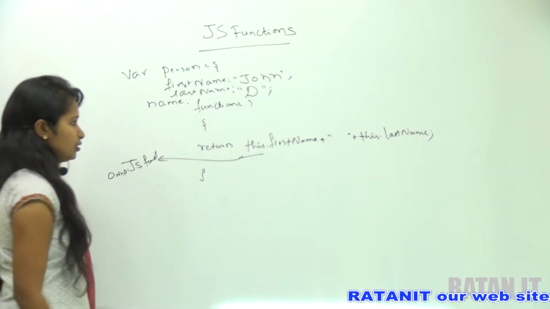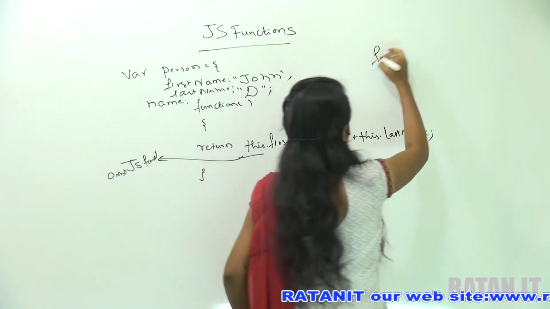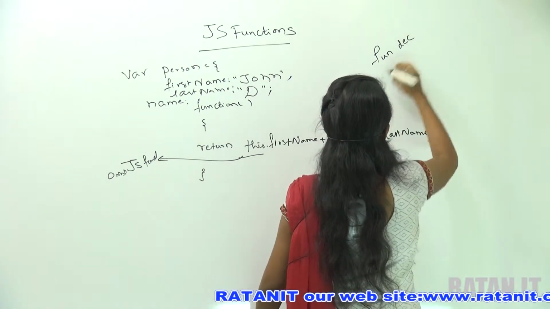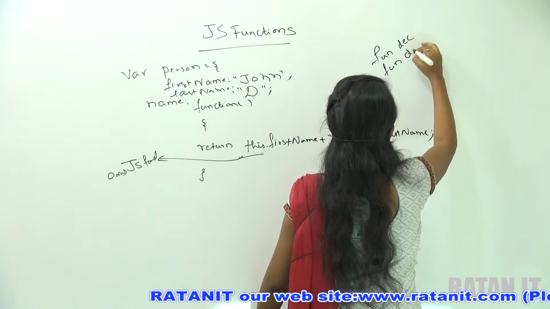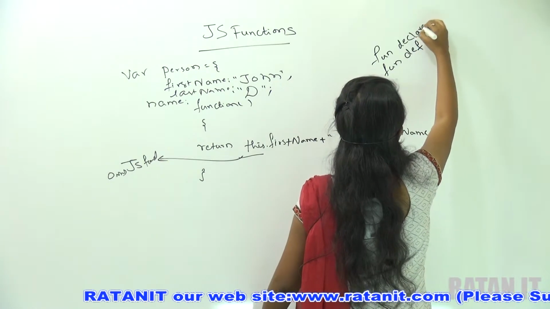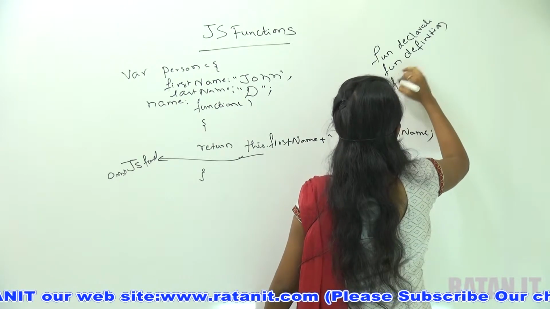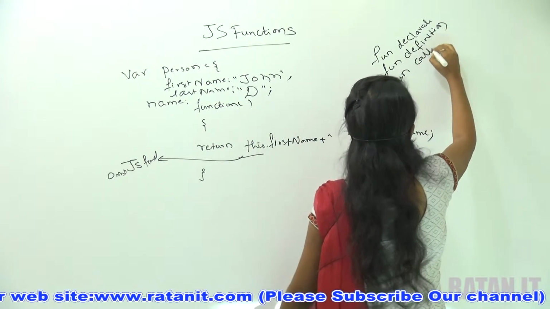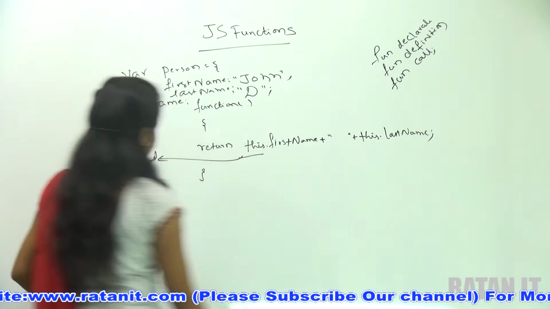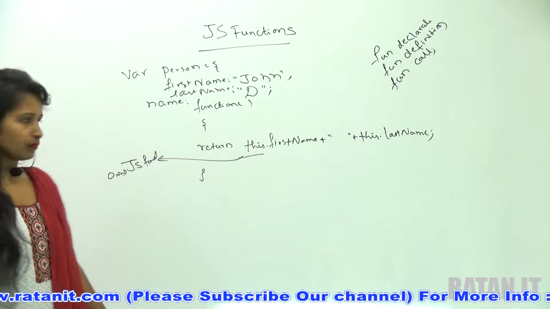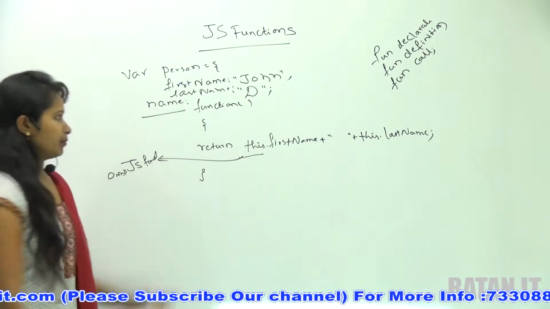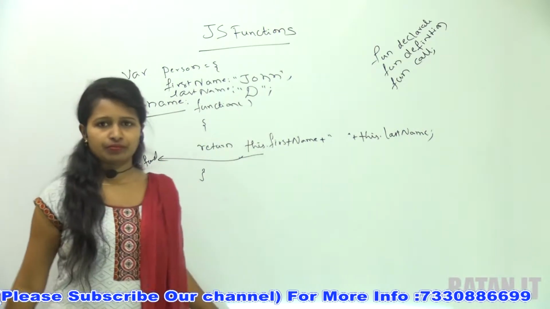So how am I going to call a function? Here three things you need to know: function declaration, function definition, and function call. With the name I am going to declare my function.